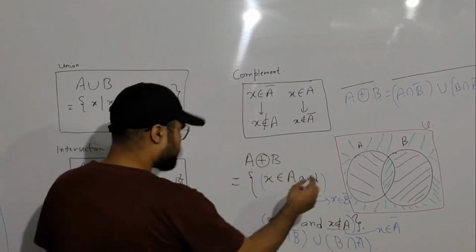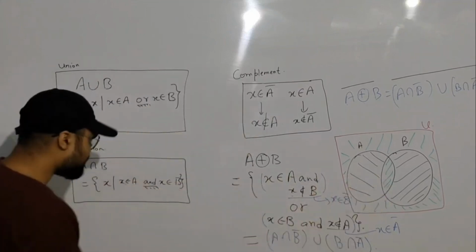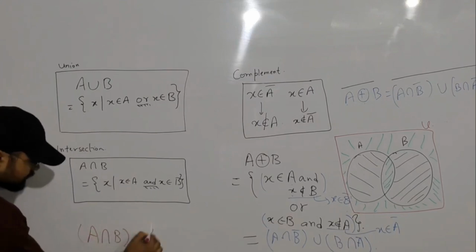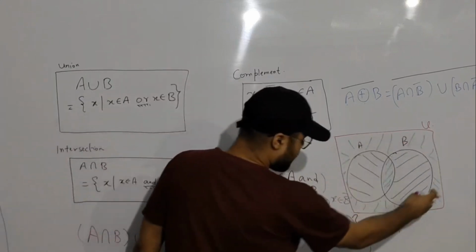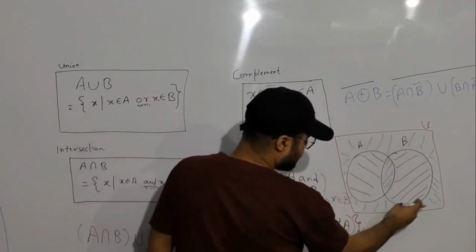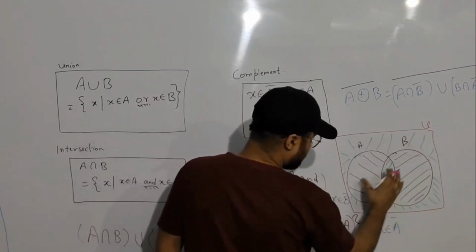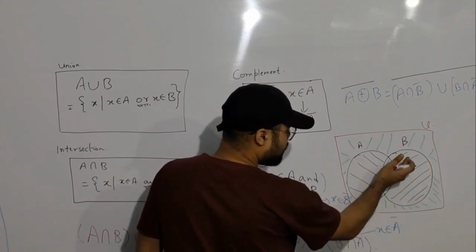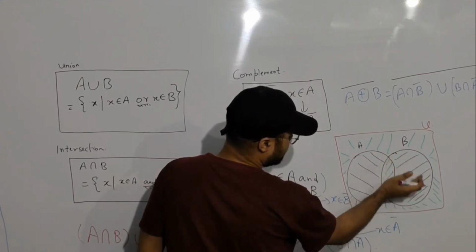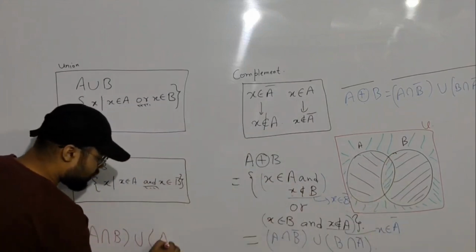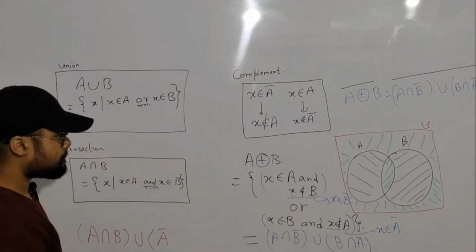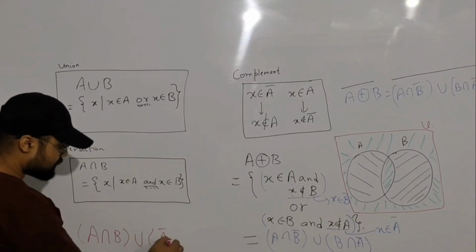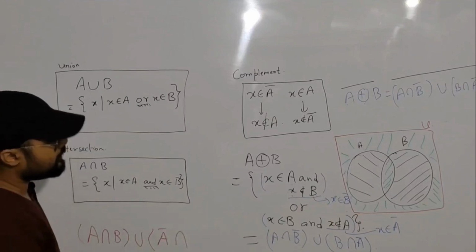So the solution should be: this region is A intersection B, union. What is this region then? Clearly it belongs to A complement, but not this part. Means A complement intersection B complement.